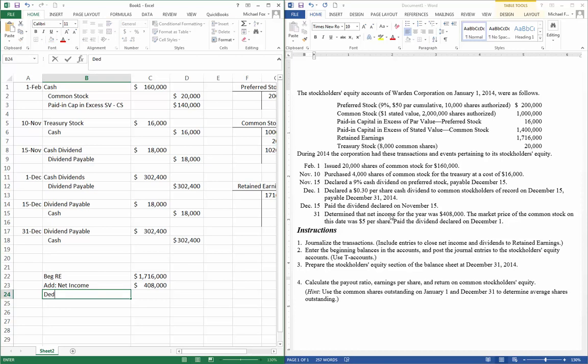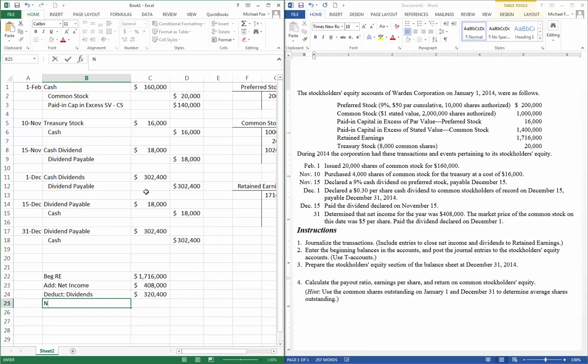We deduct dividends because they get paid out of the retained earnings. So the dividends right here, $18,000, and $302,400.